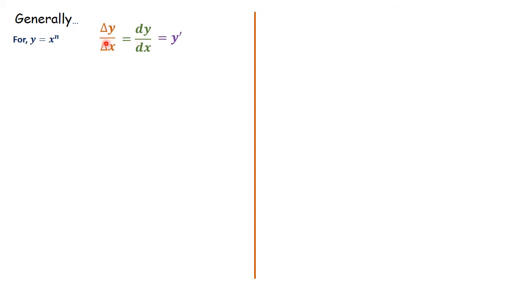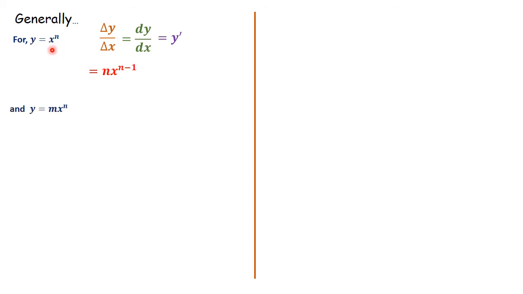To differentiate that, we multiply this term by n. So we have n times everything, but the power of x reduces by 1, from n to n minus 1. Therefore, this is the differentiated answer for y equals x raised to power n.